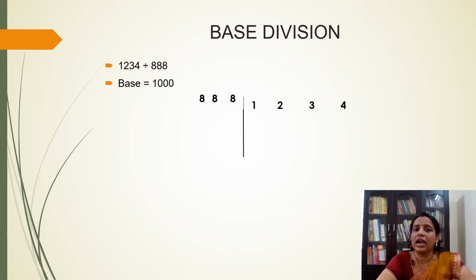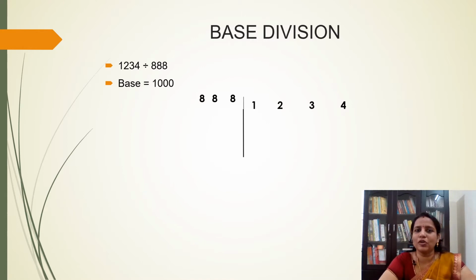First, I have to find the number of remainder digits. The base has 3 zeros, so I have to split for my remainder; it will be of 3 places.